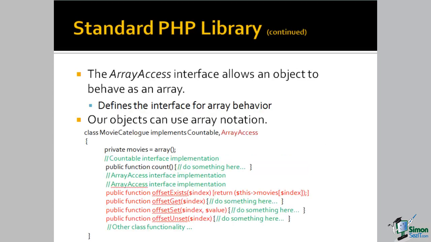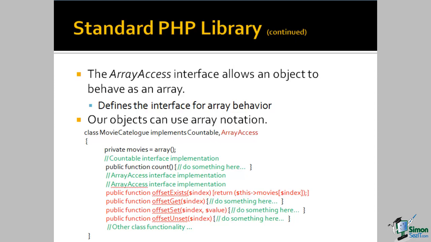There are other interesting interfaces, such as the array access interface. We can implement the array access interface to make our object have the same behavior as an array. So in our example, again, we're using the movie catalog class.